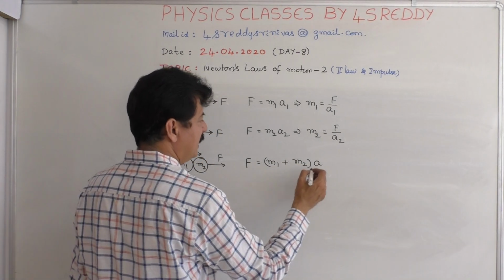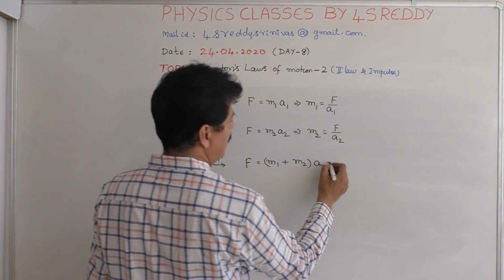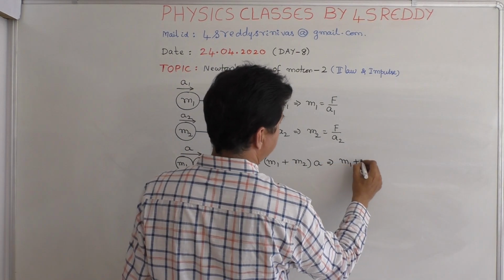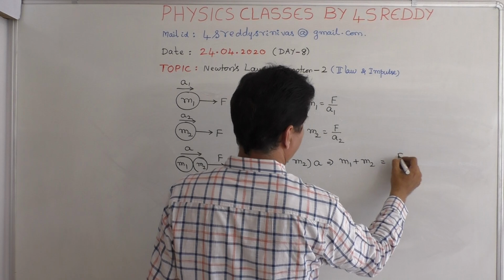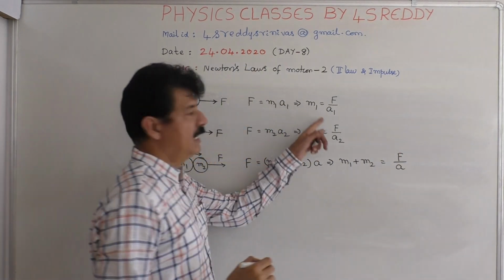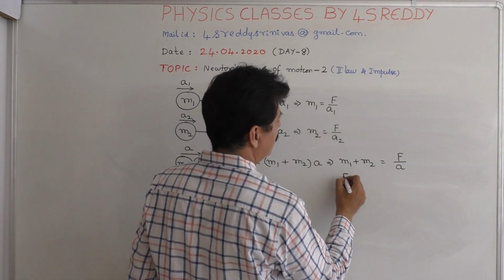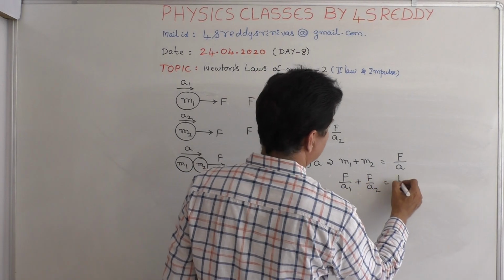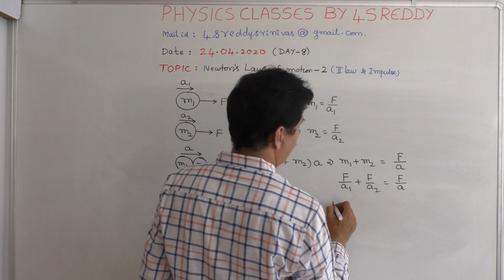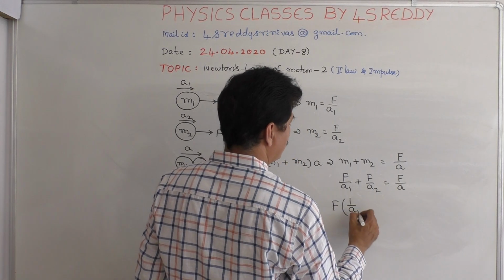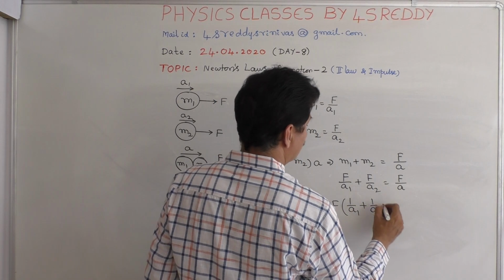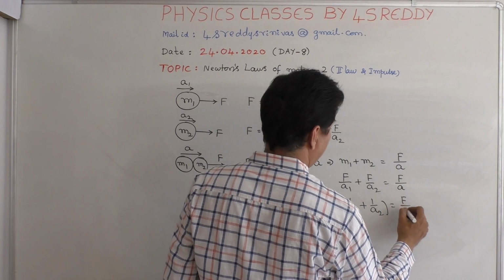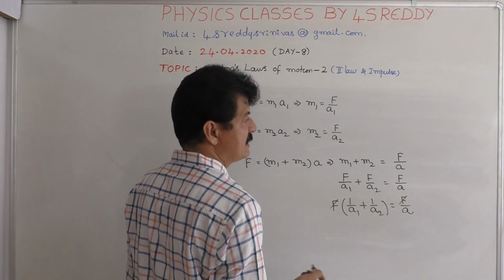Therefore, from this, m1 plus m2 is equal to F by a. But what is m1? F by a1. What is m2? F by a2. So F by a1 plus F by a2 is equal to F by a, or F into (1 by a1 plus 1 by a2) is F by a. These two get cancelled.